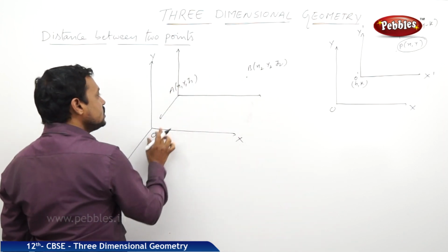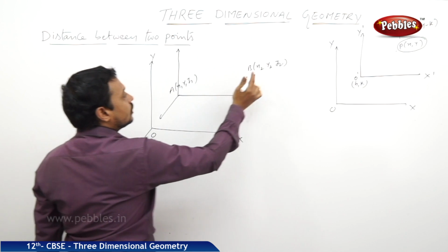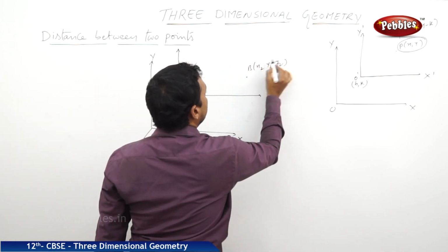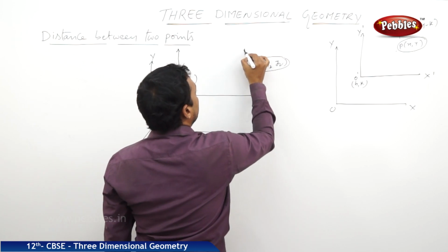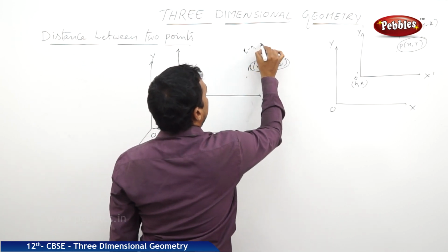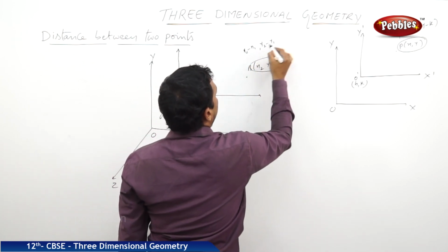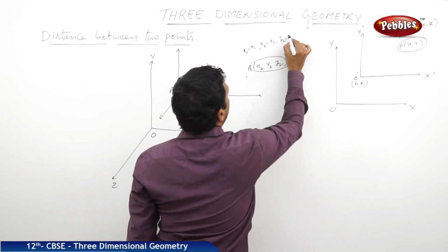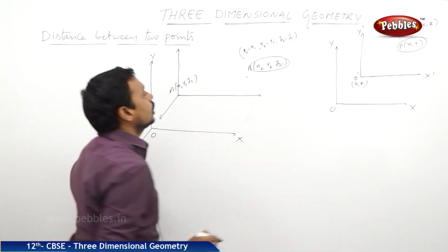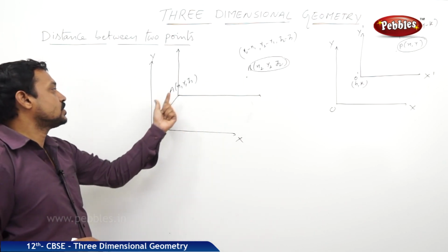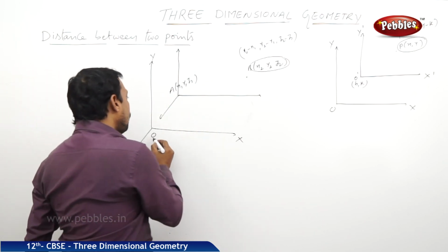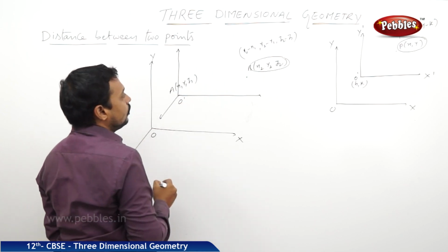When the origin is shifted to this point, the new coordinates of B become x2 minus x1, y2 minus y1, z2 minus z1. These are the new coordinates of B when the origin is shifted to A. Let the new origin be O dash.